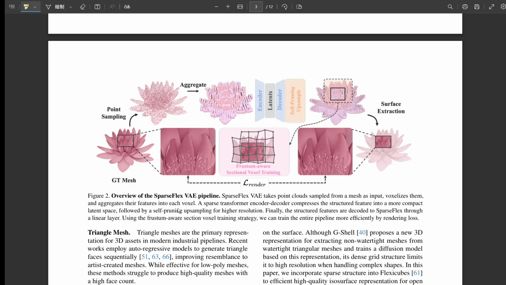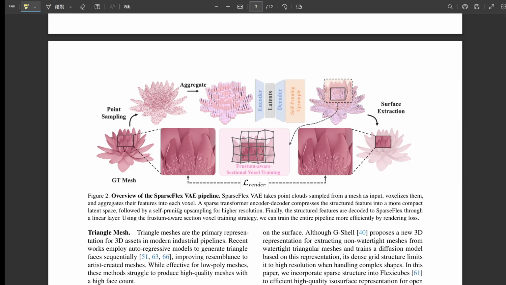Exactly. And the big advantage is that rendering is usually a differentiable process. That means you can figure out how small changes in the 3D model affect the 2D image and use that difference, the error, to guide the learning and refine the 3D shape. That makes sense. And it avoids that forced watertight step you mentioned. Precisely. It bypasses that initial lossy conversion, which helps preserve those fine details. It's sort of like sculpting by constantly checking the shadow your sculpture casts, rather than trying to measure the sculpture directly all the time. Okay, neat analogy.